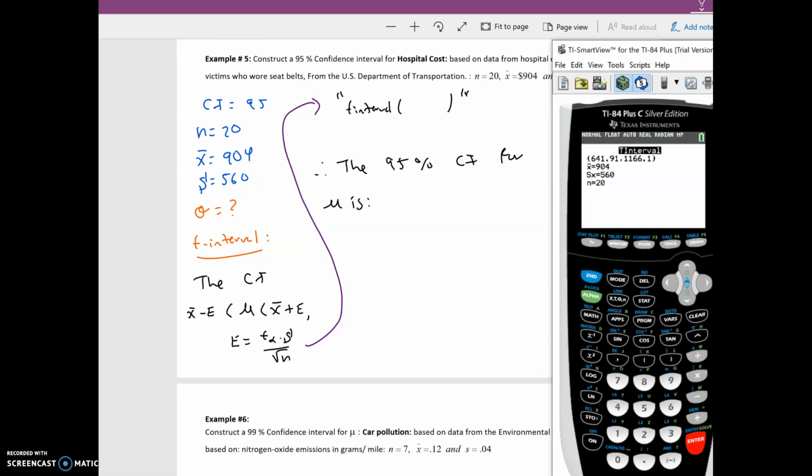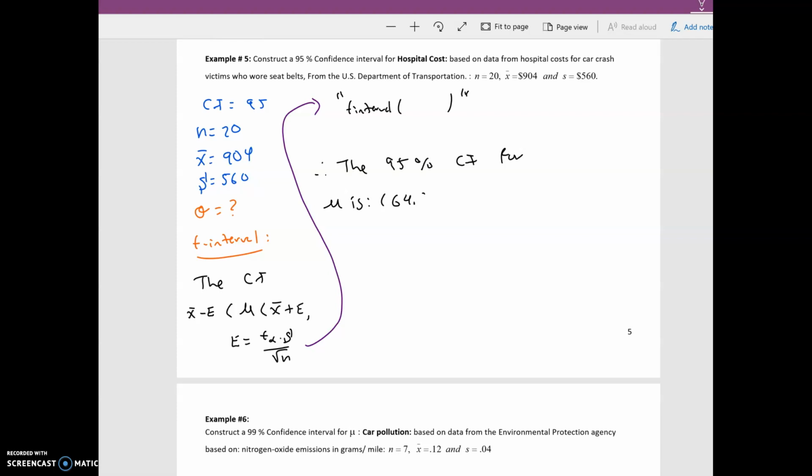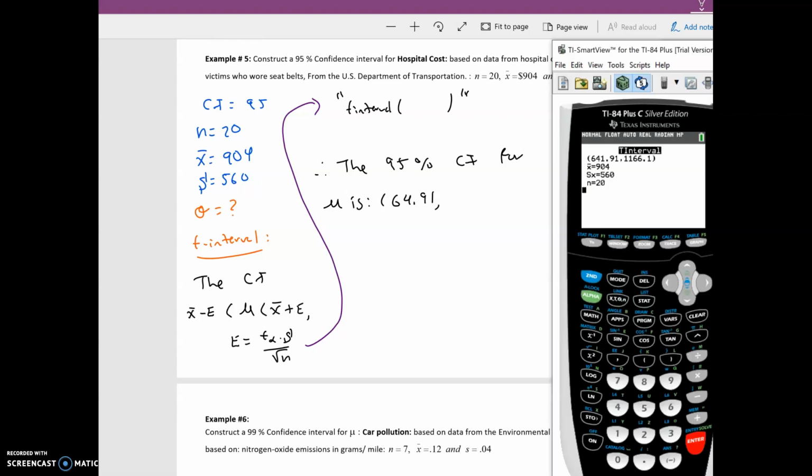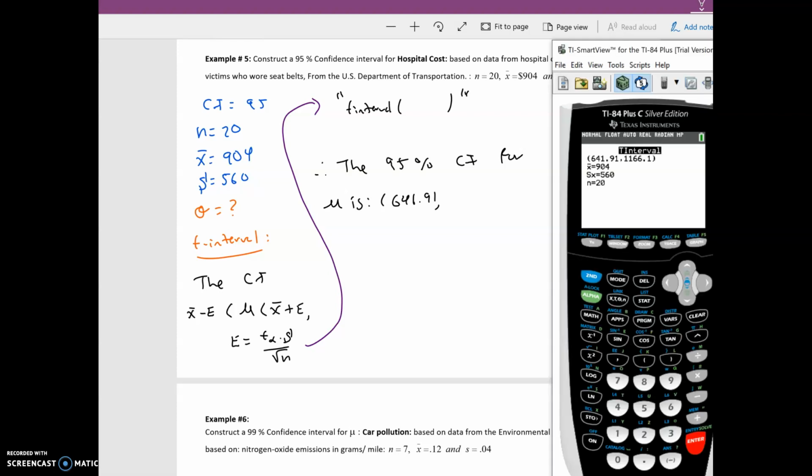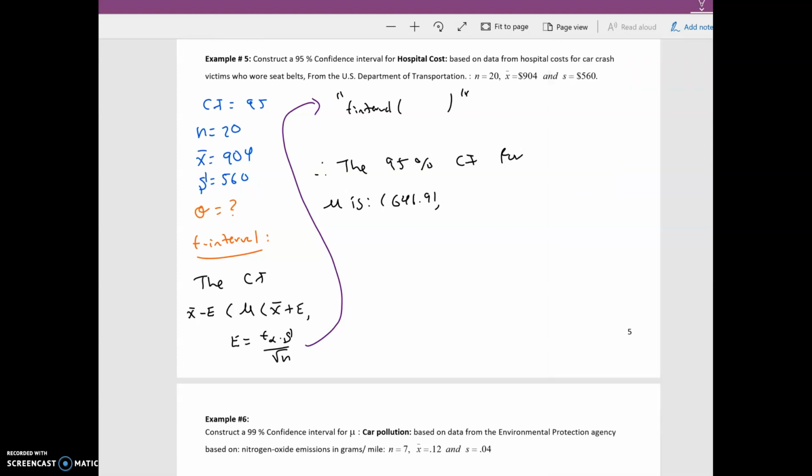Now we ended up with 641.81. Whoops, it's 641. And the upper bound is 1166.1.